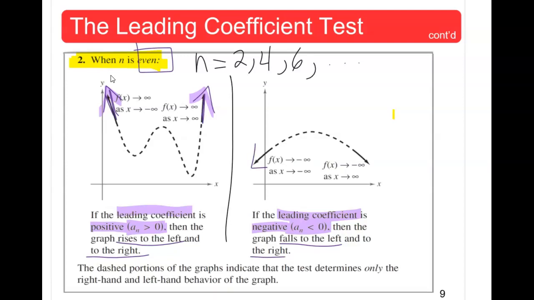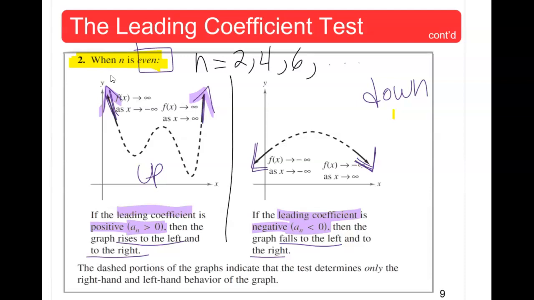So you could see it here. That's what we call downward, both sides, with the parabola. That's what we were saying, right? So this is another way to say that. Falls to the left, falls to the right. So both sides go down, or both sides go up. The ends of the graph, okay?